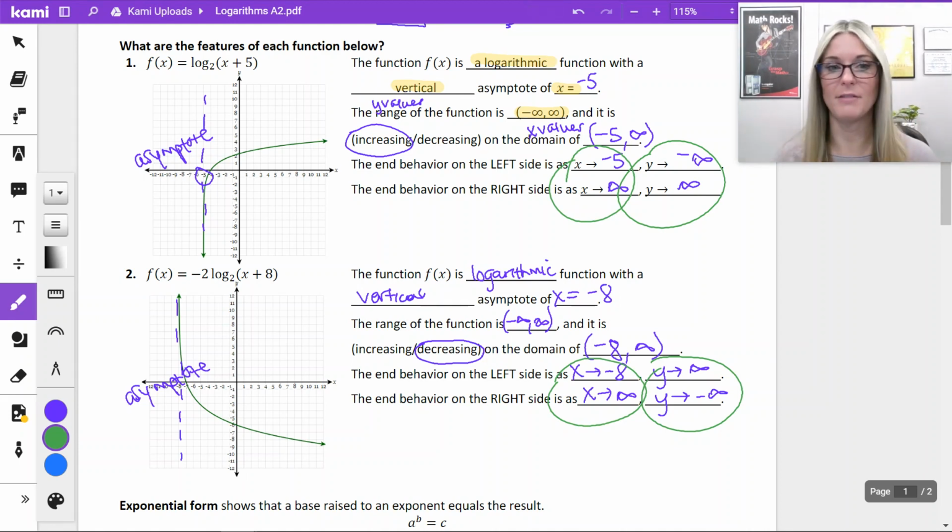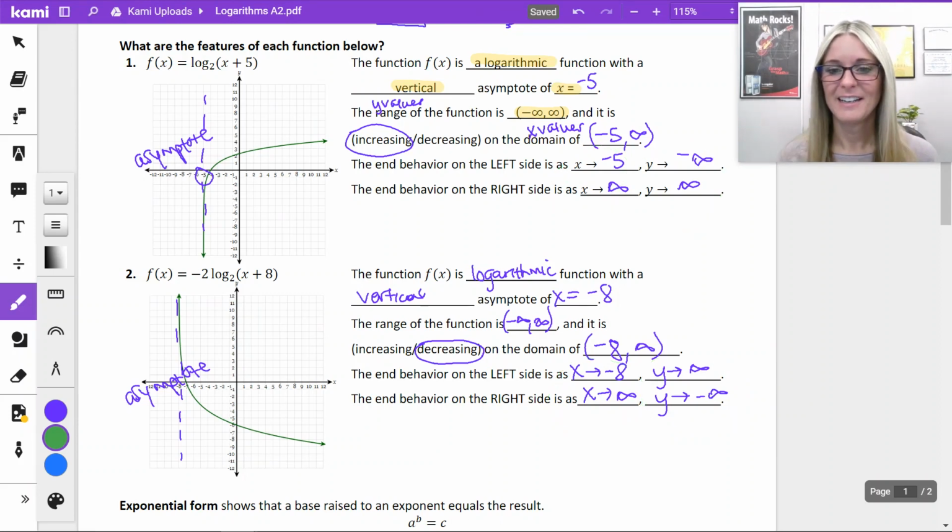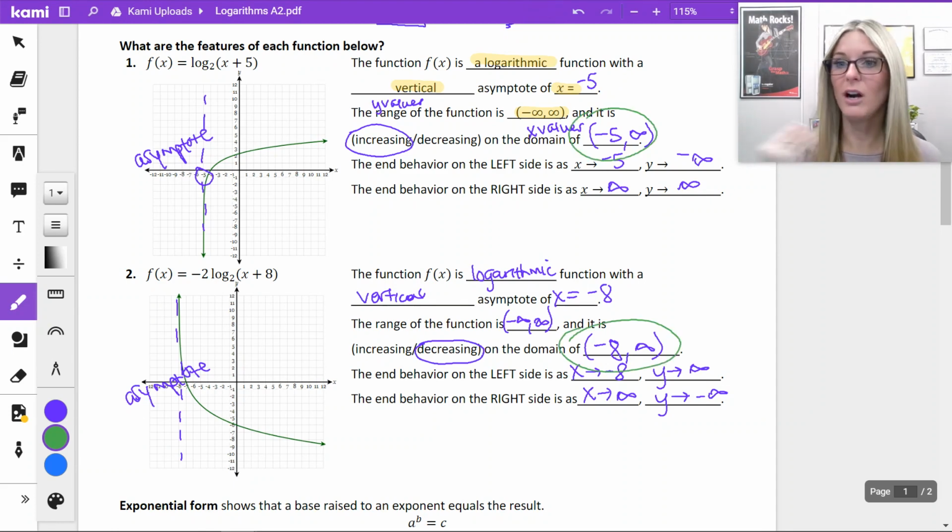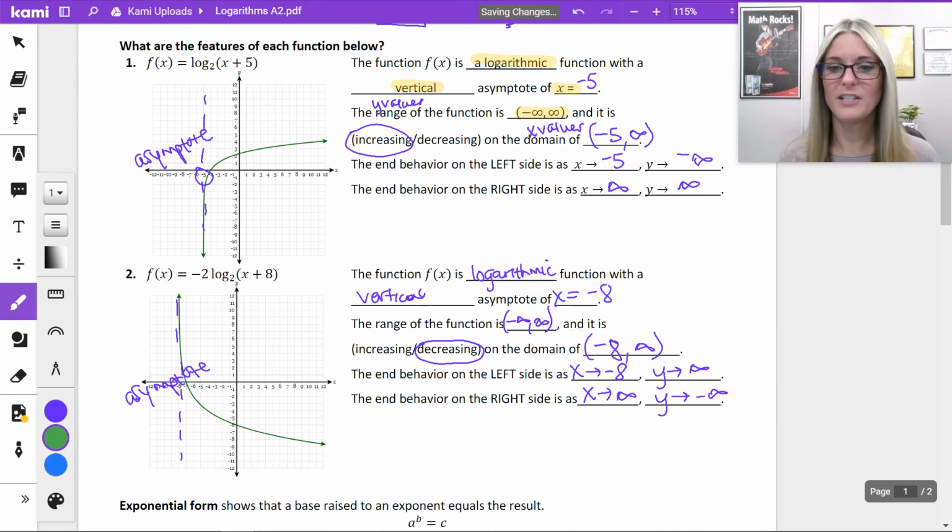It could be right end behavior if we had a negative inside that reflected it over the y-axis as a transformation. Do you notice any other patterns? Our domain ran into our asymptote, okay? Our asymptote value we also saw in our domain. So a couple of features there.